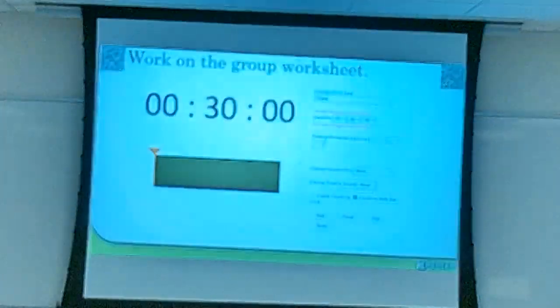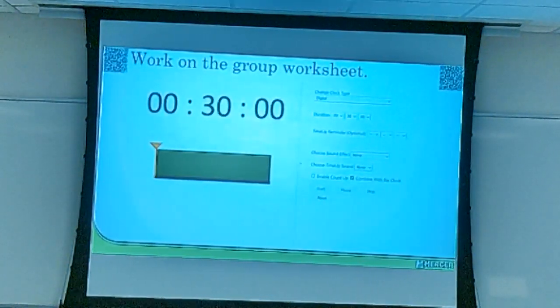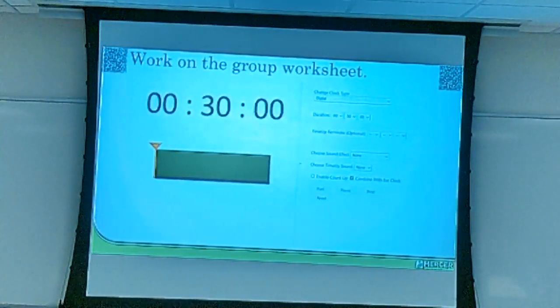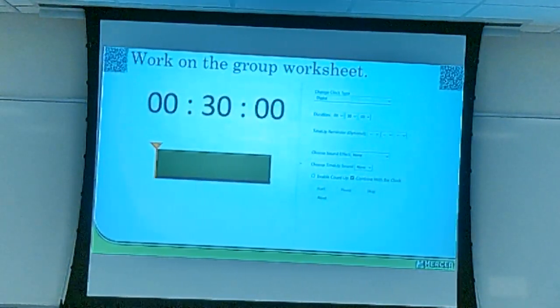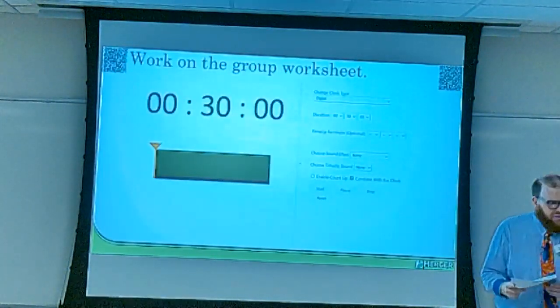So get into your groups. There it is. I think Ender is numerical driven. Usually if there's an and in front of it, it means numerical.